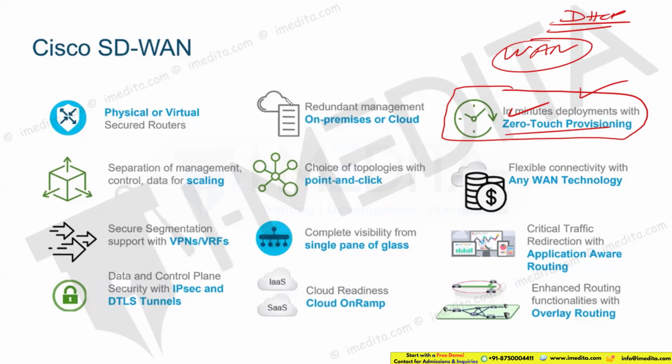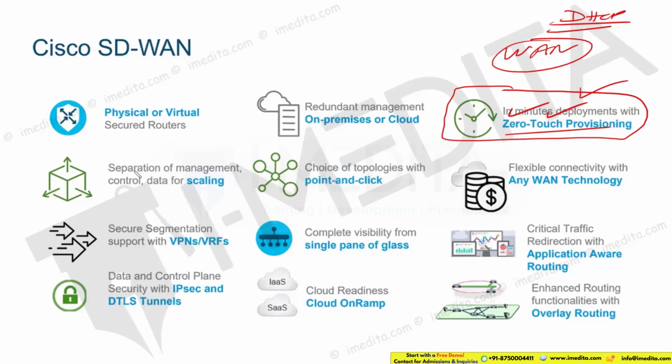So to perform zero-touch provisioning, obviously there are certain requirements, but my point is that this is doable in SD-WAN, where you do not ask your field engineer to make any single change on your router. Just power it on and leave it. Now, the question is how it works, which obviously we will cover in much more detail in future. So for ZTP, we have got some dependencies.